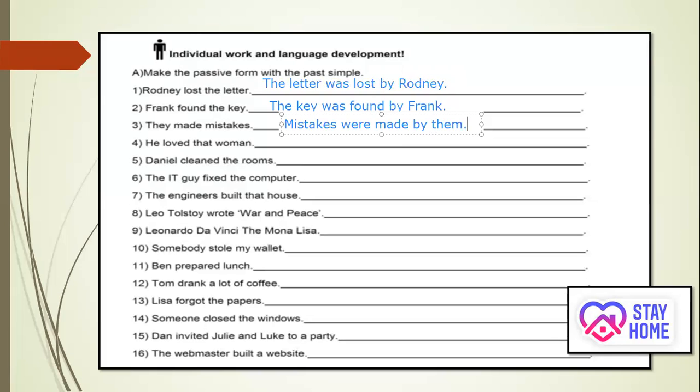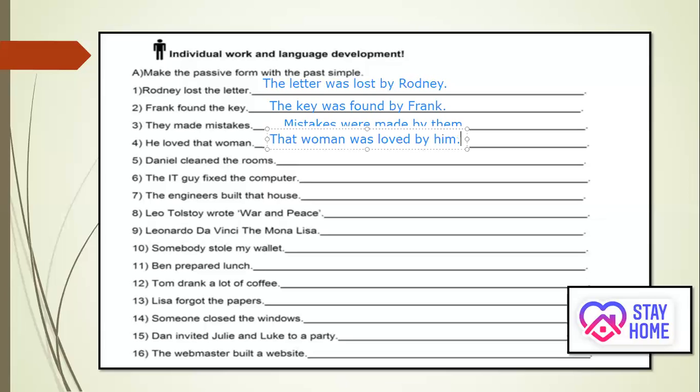And then we put a period. Now we got another one. It says, he loved that woman. That woman was loved by who? By him.